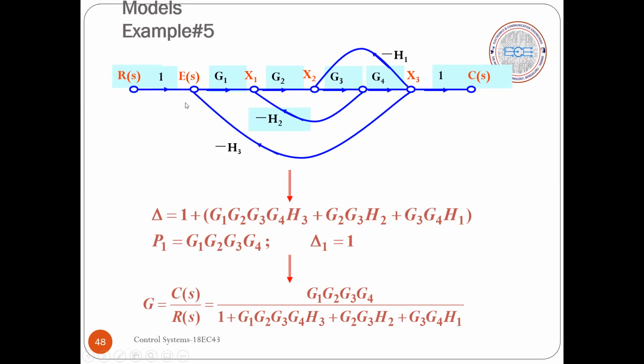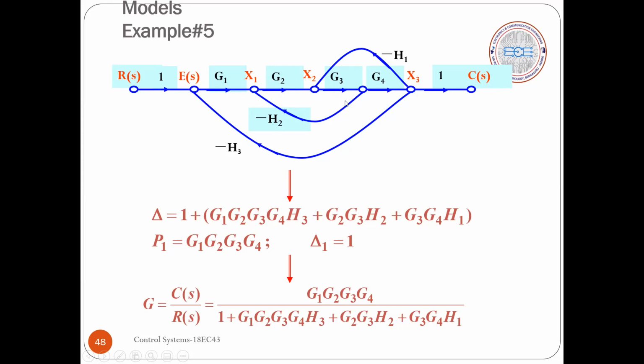Okay, and next, how many loops are there? You can see that there is one loop here, and there is another loop, and this is the third loop. There are 3 loops here. L1, L2, L3 we call them. There are 3 loops, and we have to find out the delta, because we don't have any non-touching loops.